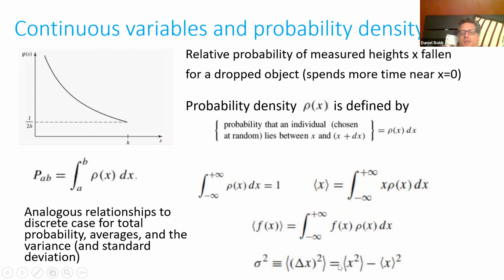And just like in the discrete case, you can show that the average value of delta x squared, the deviation squared, is actually the average value of the square of x minus the square of the average value of x. And this last one is the easiest one to calculate. Okay, so that's continuous variables and probability density, as opposed to discrete variables and probability.